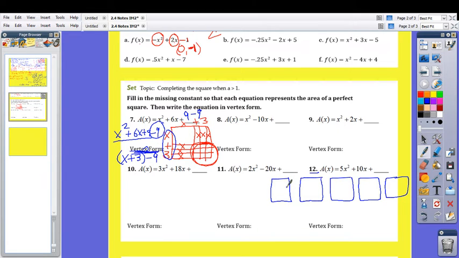Okay, now you will be splitting them into 5. So 1 x squared will be going in each. If you divide this by 5, you will get 2x. That means each one will get 2 of the x's. So 1 will go here and 1 will go here.